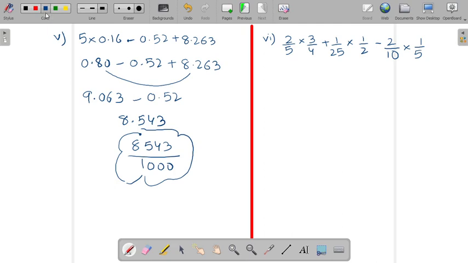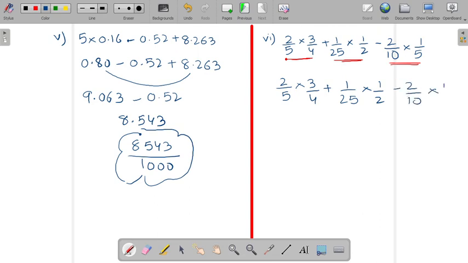Next one. In sixth part, look, these two terms are in multiplication, these two are in multiplication, and these two are in multiplication. And you know it very well, if the terms are in multiplication, then we can cancel the terms if it is possible.